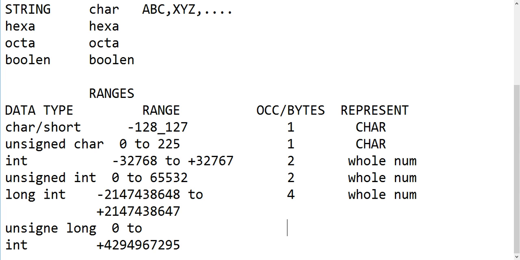It again occupies 4 bytes. It also represents a whole number.